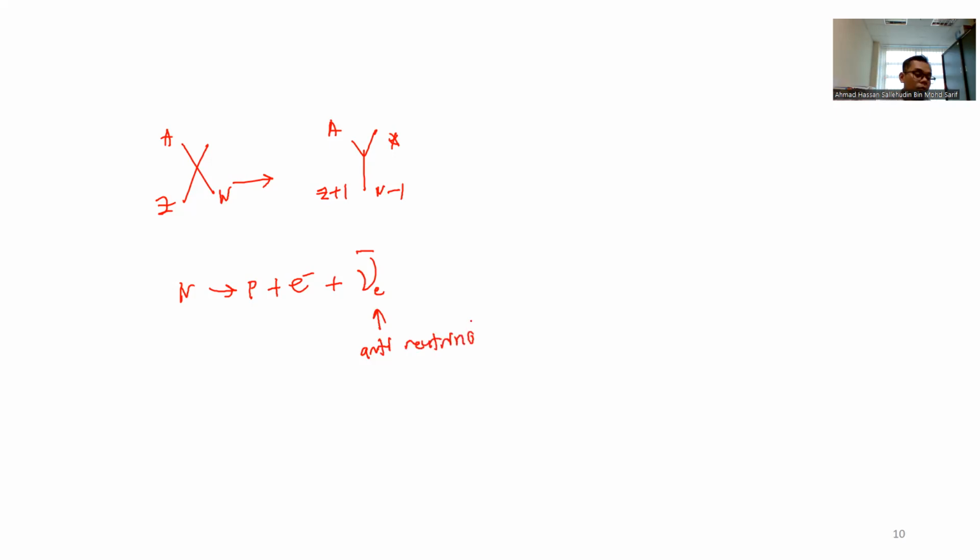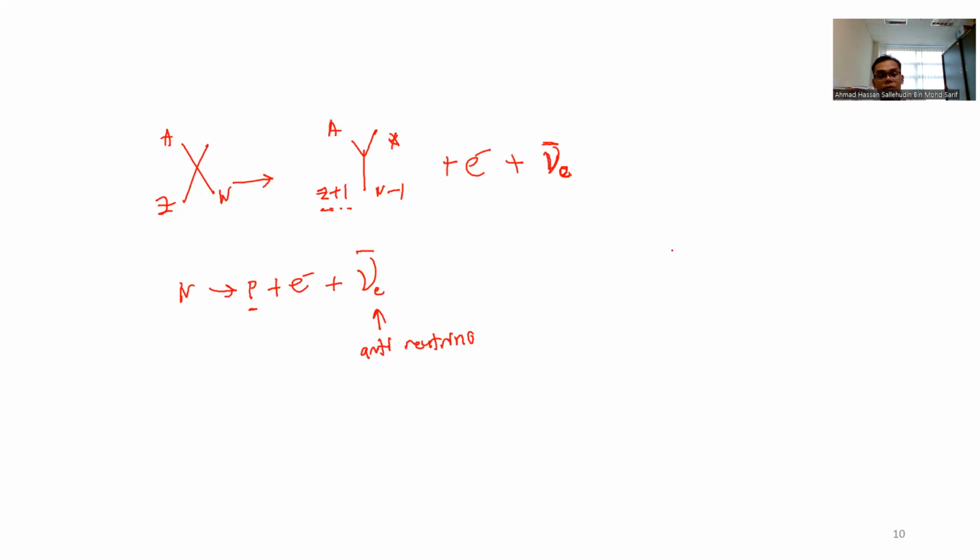The information of proton is stored here. So another two entities are the electron, indicated, as well as the antineutrino. This is the Greek letter nu with subscript e, and a negative sign at the top. That's the antineutrino.